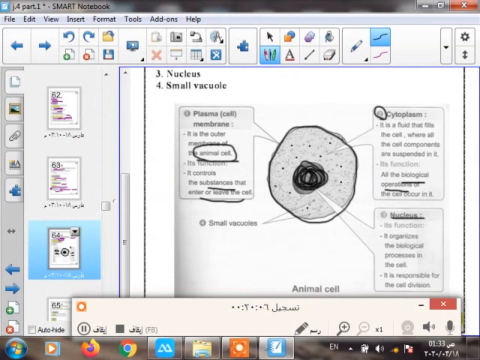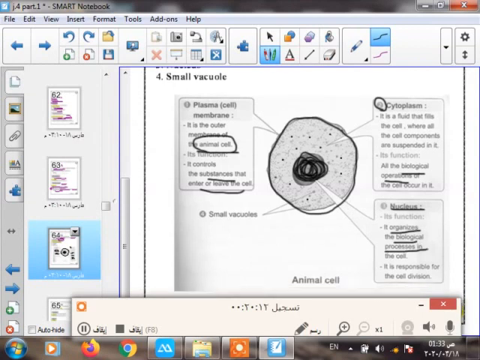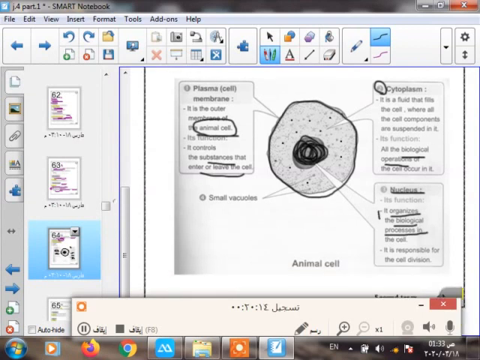What is the function of the nucleus? Organize the biological operations or processes in the cell and be responsible for cell division. So the nucleus has two functions: to organize the biological operations and to be responsible for cell division.